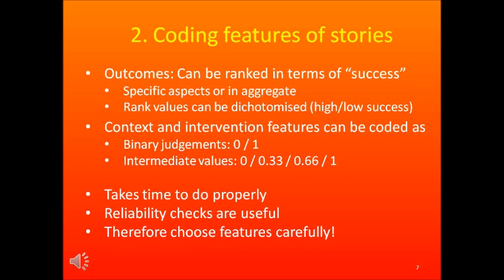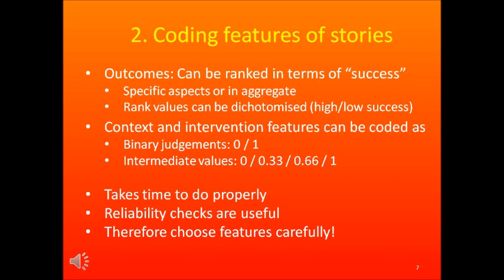We also need to code the context and intervention features that we see in the stories, and we can code these as being present or absent by using a 0 or 1, or if there's some uncertainty in the extent to which they're present or absent, we can use intermediate values. So we can use values like 0, 0.33, 0.66, and 1.